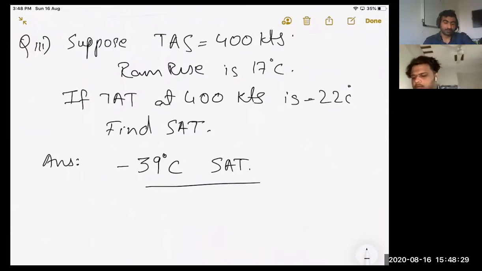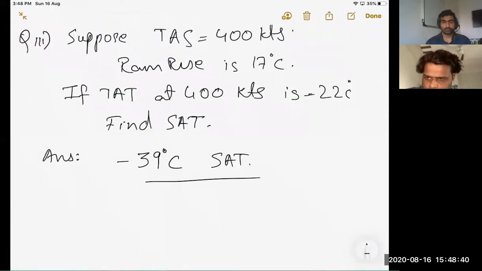In airspeed, there is TAS, OAT, MACH, TAT, CAS, and pressure altitude.